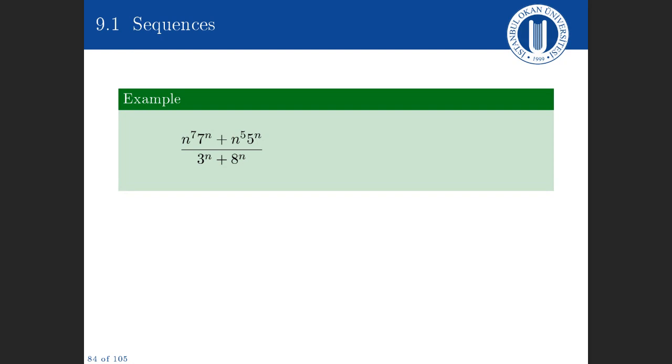Which of these 6 things is the most powerful one? The answer is 8 to the power n. A to the power n is more powerful or dominant than n to the power alpha, and the biggest number here is 8. So what we do is we divide everything by 8 to the power n.